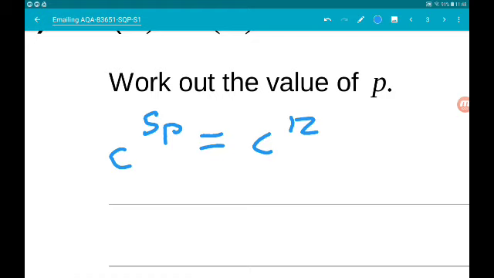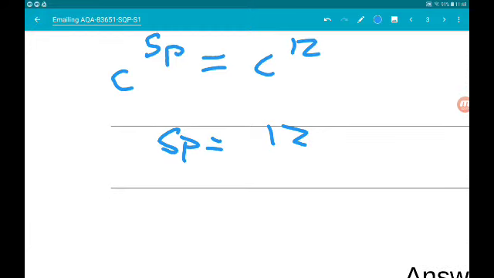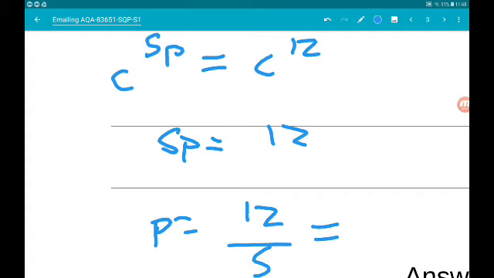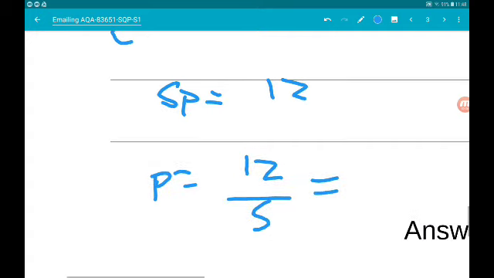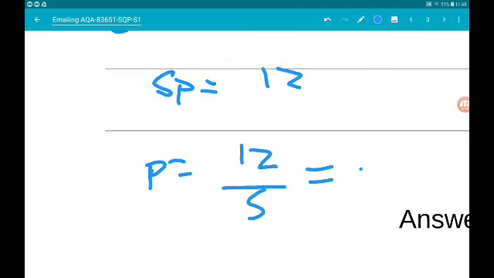So 5p is equal to 12. p then is 12 fifths, which you can leave like that, it's 2.4.